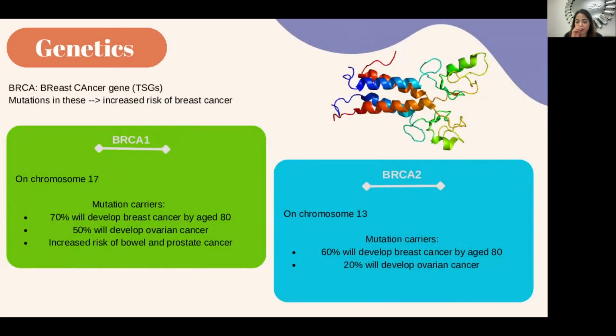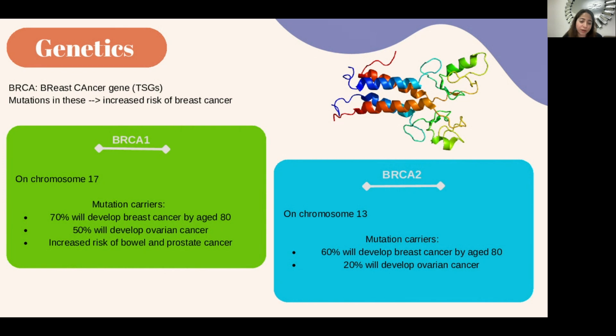In terms of genetics, the BRCA gene, I'm sure a lot of you have heard of, is the breast cancer gene. It's a tumor suppressor gene, and there are 2 different types on 2 different chromosomes. Mutations in these genes can increase the risk of breast cancer, as you're all aware.